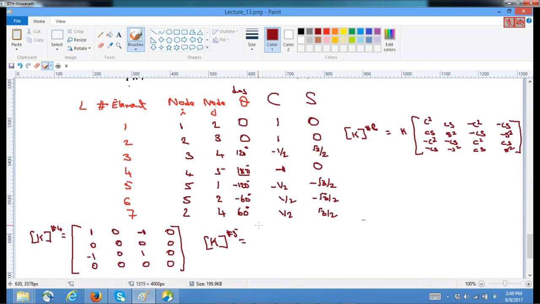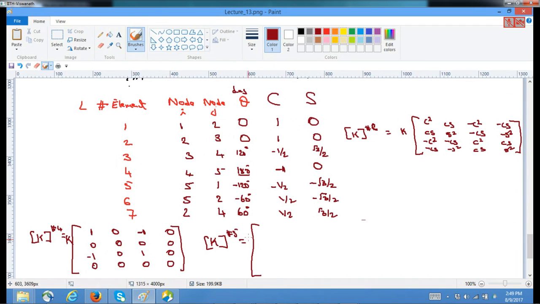Now let me come to the k for the element 5. The k for the element 5 is given as, now C is minus half and S is minus root 3 by 2. Sorry about that, there's a small k missing here.